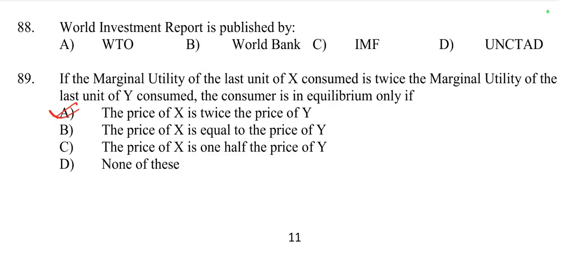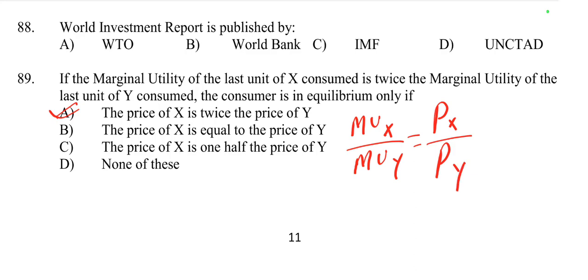So 89A is right, because in consumer equilibrium the ratio of marginal utilities of goods should be equal to the ratio of their prices. Mathematically, MUx/MUy = Px/Py. If the marginal utility of the last unit of X is twice that of Y, we write MUx = 2 MUy.